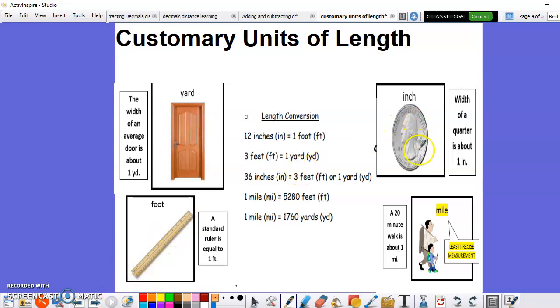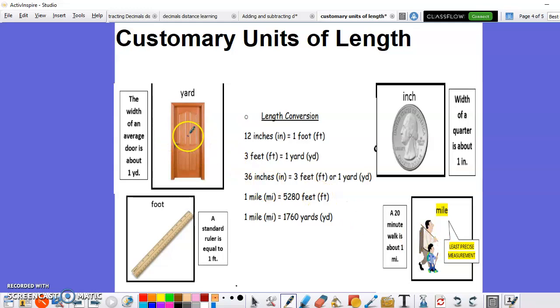The inch is the width of a quarter. Also in the video it said that it's about as far as the tip of your thumb to your knuckle joint. And a mile, it takes you about 20 minutes to walk a mile. We use miles to measure longer distances, like when you're on the highway or driving, you would measure that in miles.